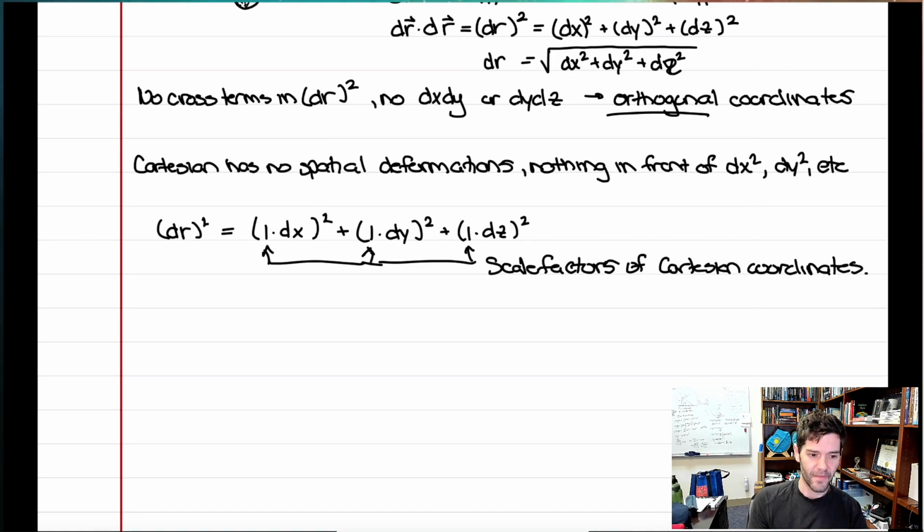So my path length, my little dr, if I'm moving in theta, does depend on the exact distance I am away from the origin as I trace out that path. So I might expect that there is a scale factor there, and in that case it's just the value of the radius. Let's just do that now as an example.